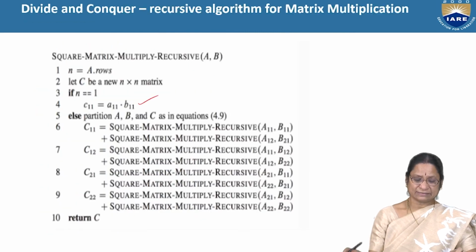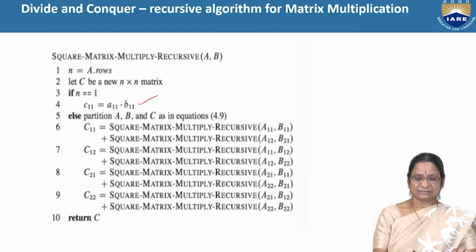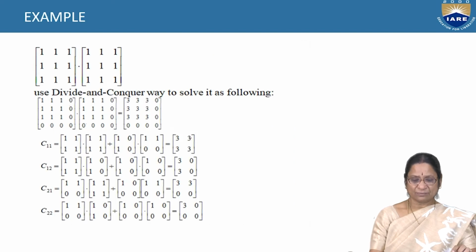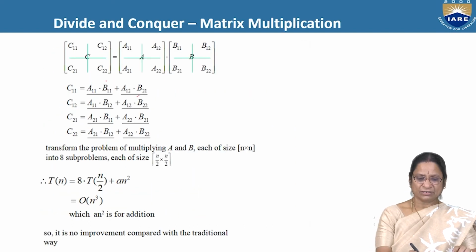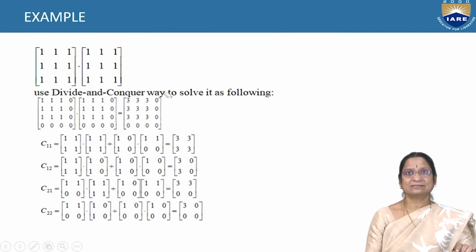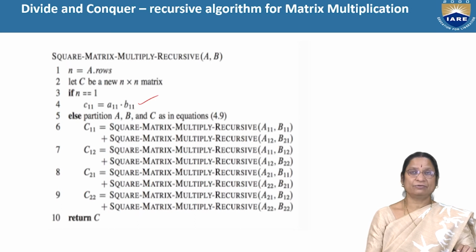By using this, how is C11 computed? You observe here, C11 is computed as the product of two matrices plus a product of another two matrices. Two times I have to call my divide and conquer strategy. If n is not equal to 1, it is a recursive algorithm.